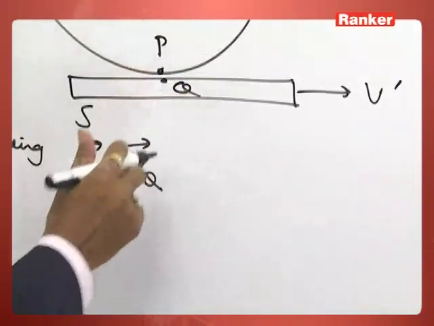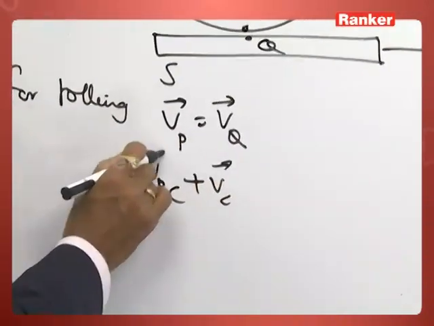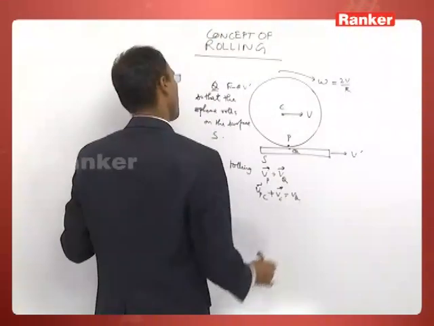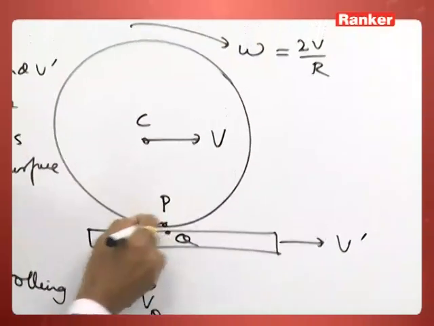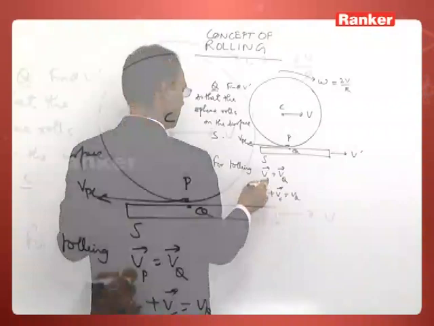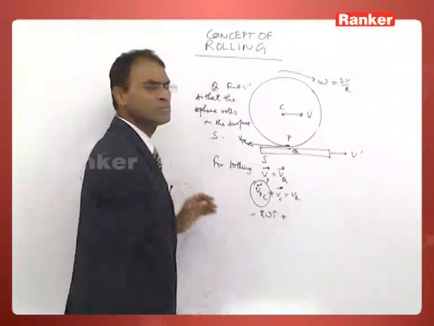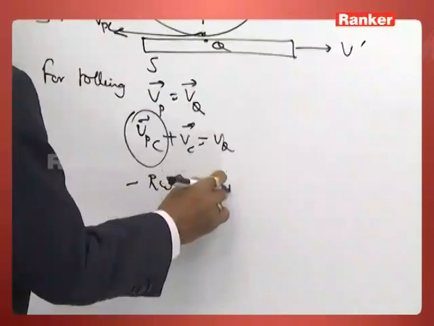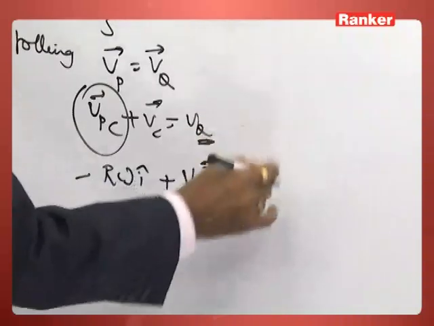And the velocity of this point P is equal to Vpc plus Vc is equal to Vq. Velocity of P with respect to C, if it is spinning in this way, Vpc will be backward. But Vpc is equal to minus R omega i cap as we discussed, and Vc is equal to V i cap, and this point's velocity is given as V dash i cap.